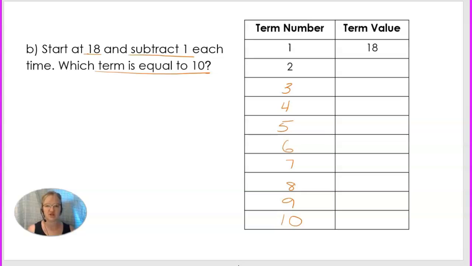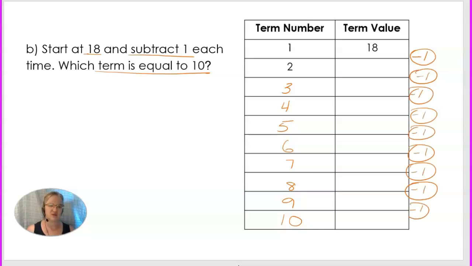We know we're starting at 18, but what's going to go into our circle over here? That's right, subtract 1, because that's what our rule says, to subtract 1 each time. Start at 18 and subtract 1 each time is our rule. So we could go down, subtract 1 in each of these circles, all the way down to here.